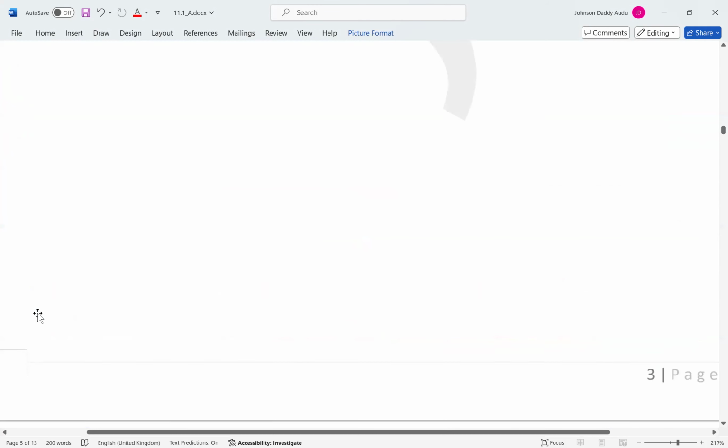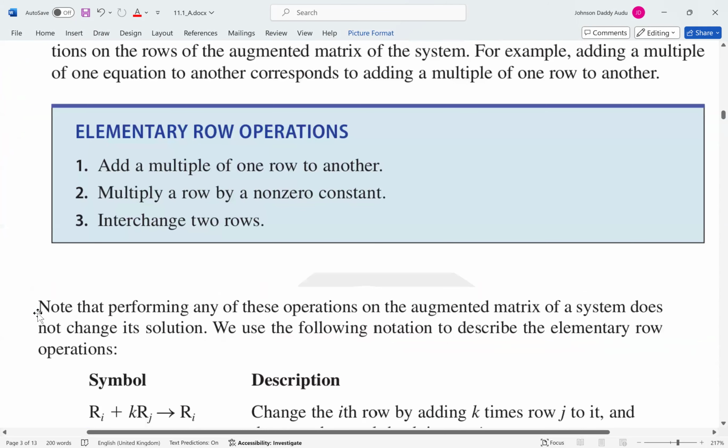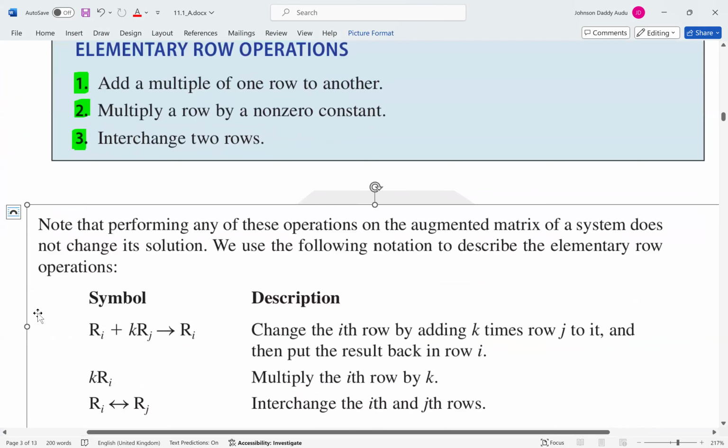The first one is that you can add a multiple of one row to another. The second one is that you can multiply a row by a non-zero constant. We will see all this when we take an example. And the third is that you can interchange two rows of a matrix. It will not change the system of your equations.